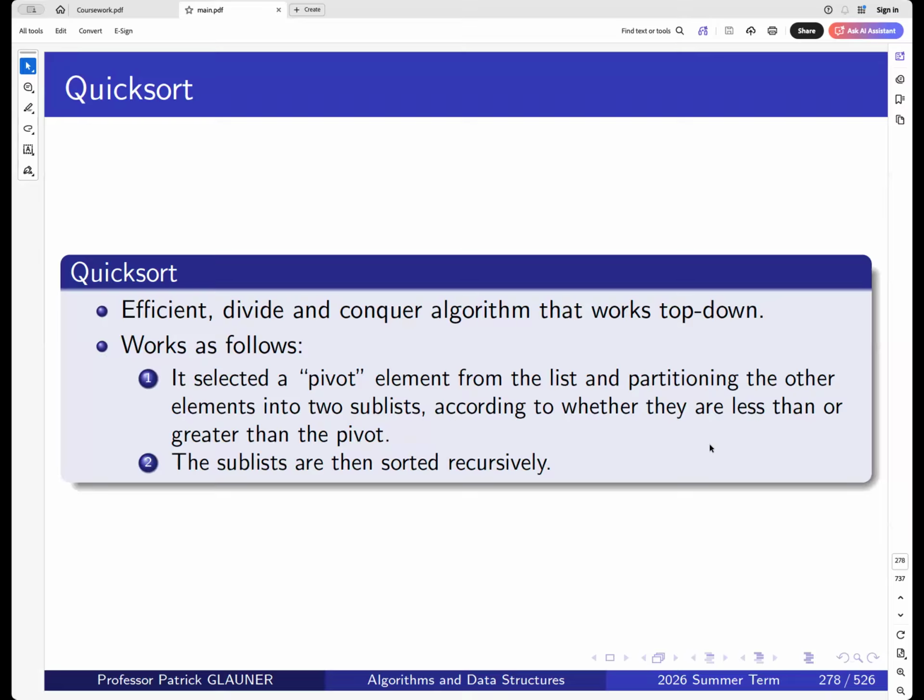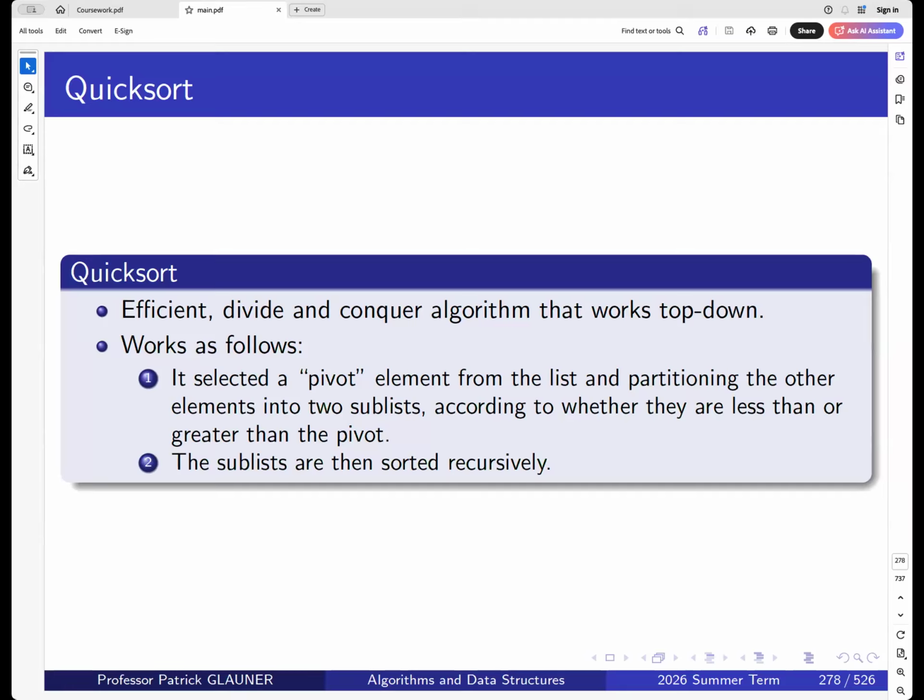So we take one random element from our list and say we have one sublist with all the elements that are smaller than that pivot element, and the other list are all the values that are greater than the pivot. So that's the idea of a pivot.